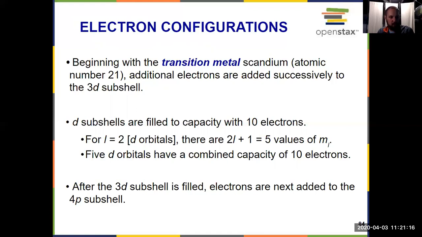The d subshell can fill with up to 10 electrons because it has 5 orbitals within the subshell. After we have filled those 10 electrons, then we go to the p subshell. So we go from the 4s to the 3d to the 4p, the 5s down to the 4d to the 5p, etc.